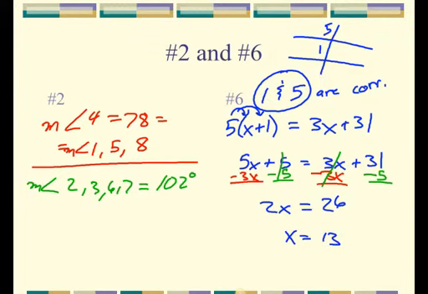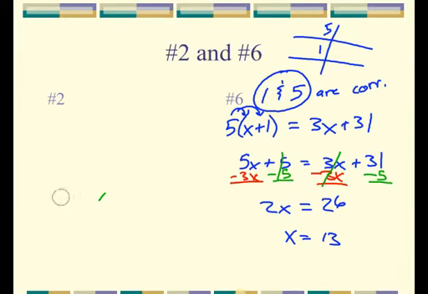Now, the question is not just what is x equal to, but to find these other two angles. So again, go back to our drawing, and we want to say we know angle 1 and we know angle 5. We could plug in and find what those angle measures are, so that might be helpful, is to go ahead and plug back in.